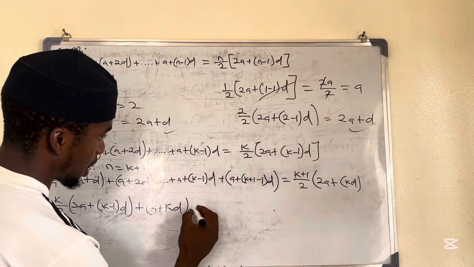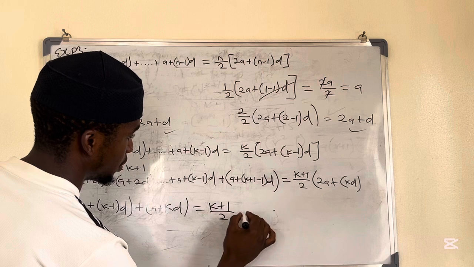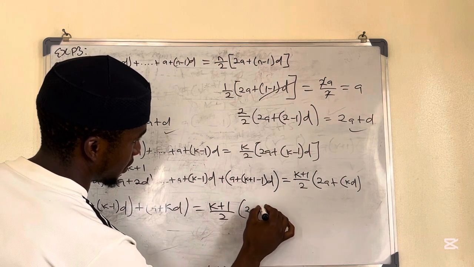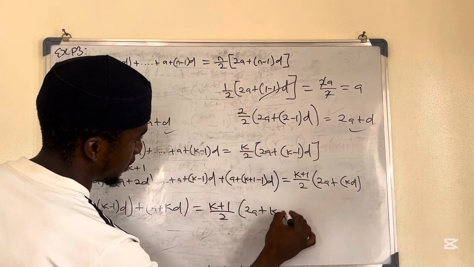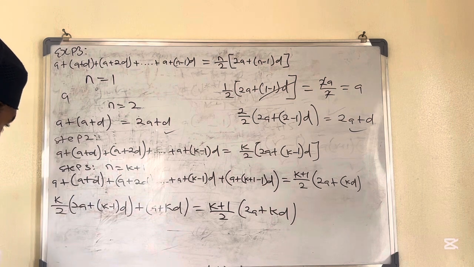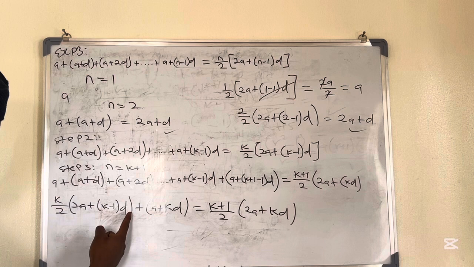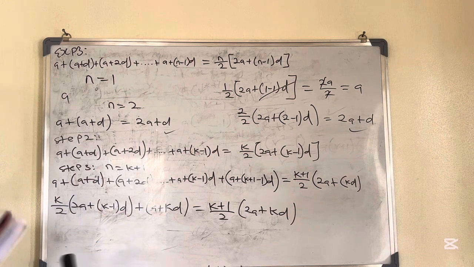So our right hand side, k plus 1 over 2a plus kd. So here now, look carefully, this is a fraction. We can expand this bracket, multiply k all through, then look for our LCM, or we can do it the same way.